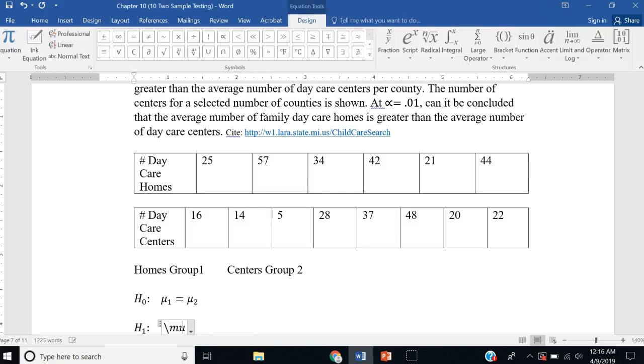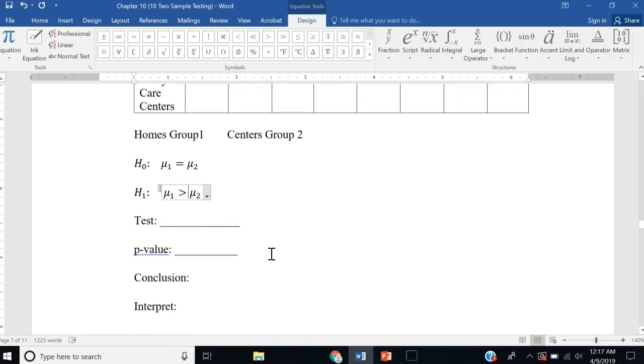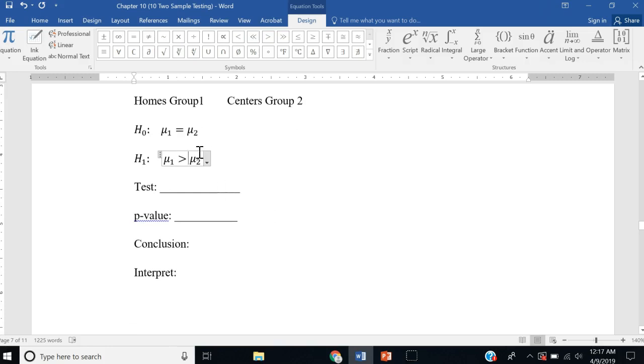Versus now our alternative hypothesis: the average number of daycare homes is greater than the average number of daycare centers. All right, so my null and alternative hypotheses are this.